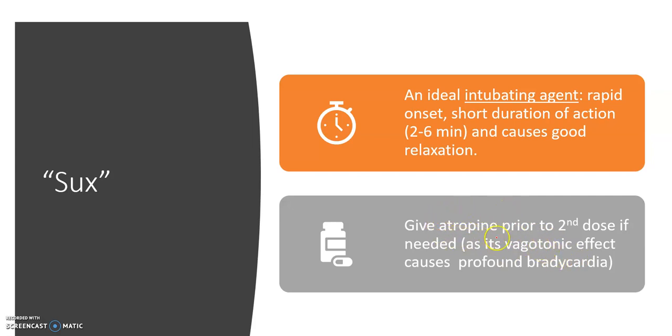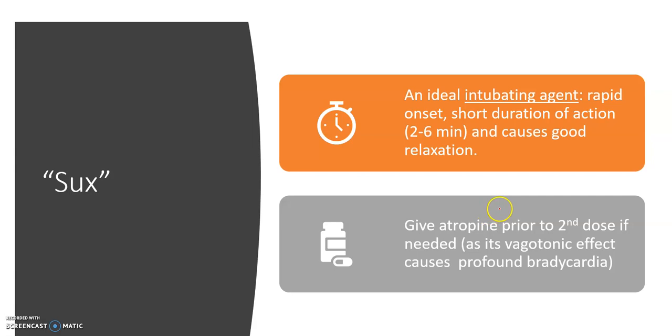So remember that atropine can be used to increase heart rate. Because if your heart rate goes too low, eventually you will die. Your heart rate goes too low, you have bradycardia, and then subsequently your heart stops.